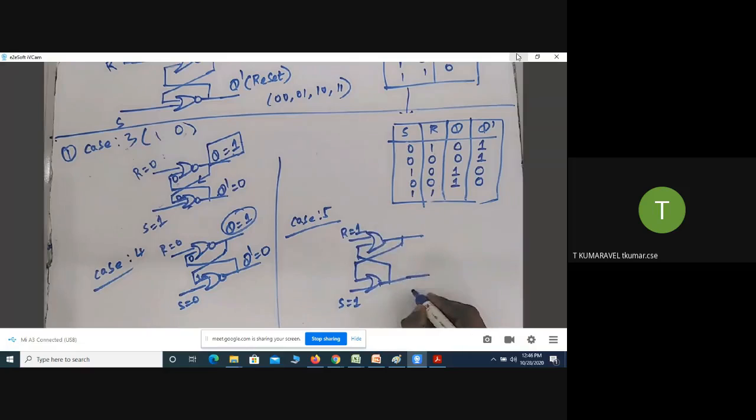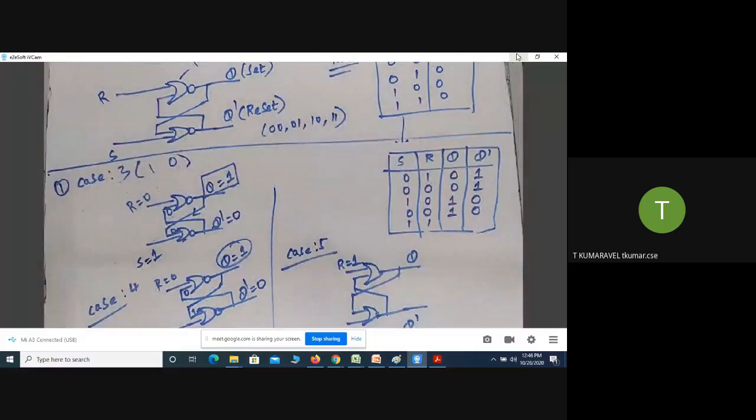This is called Q bar, this is called Q. Look at that input combination. If one of the inputs is 1, irrespective of the other input, the NOR gate will generate the output equal to 0.